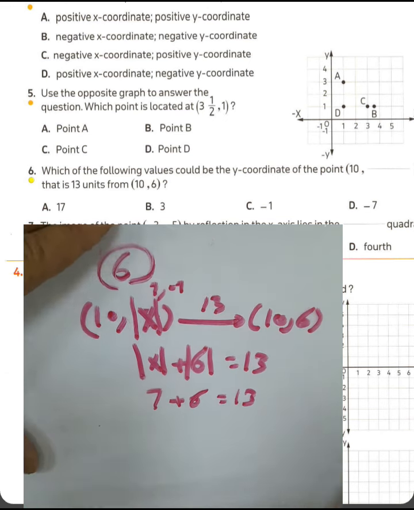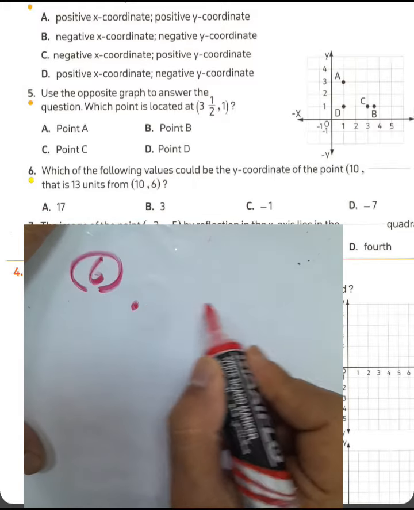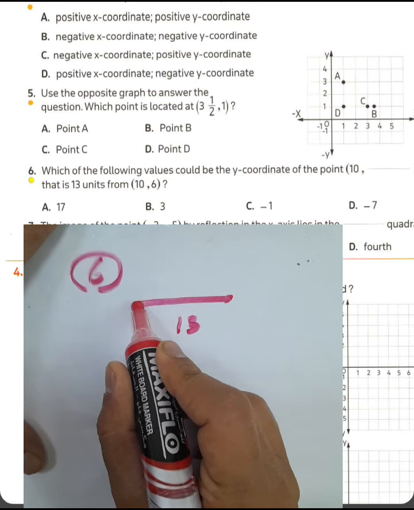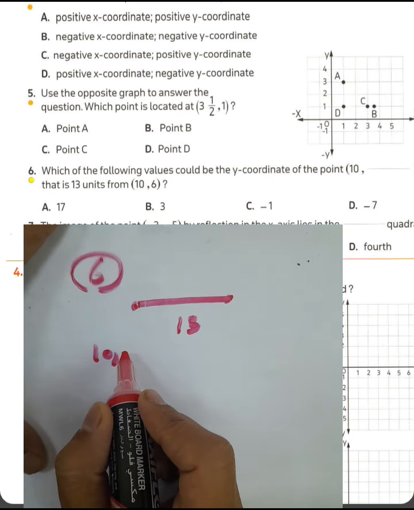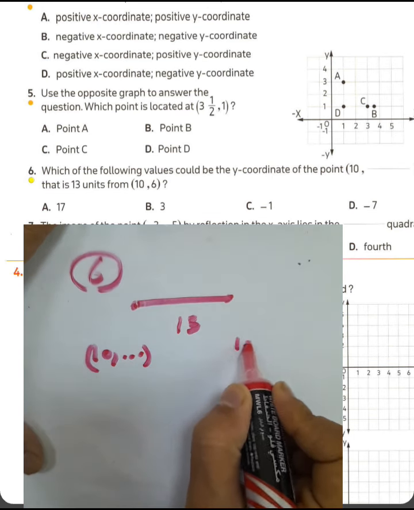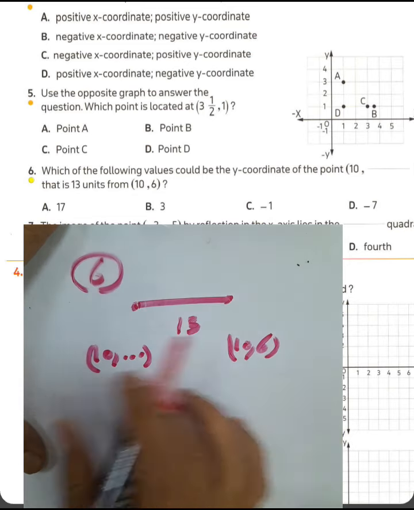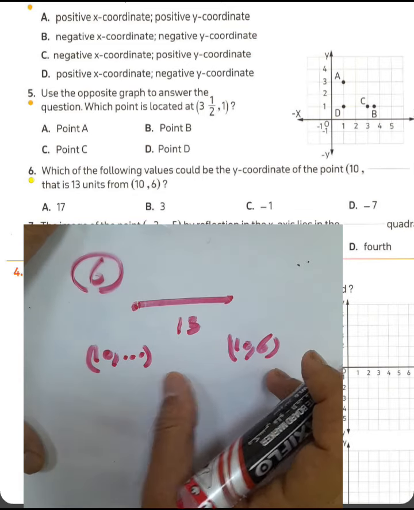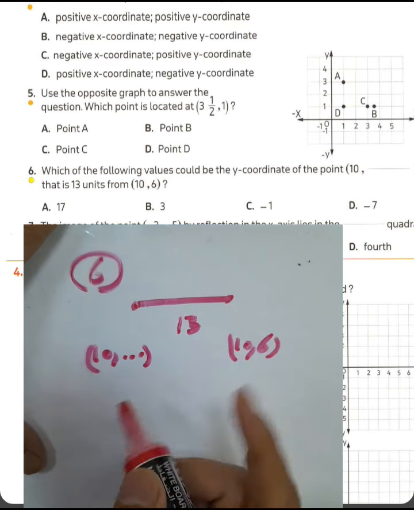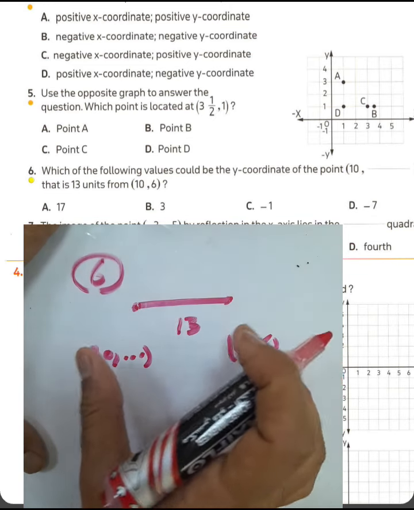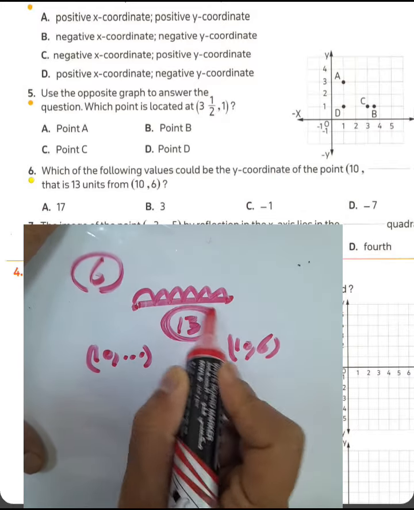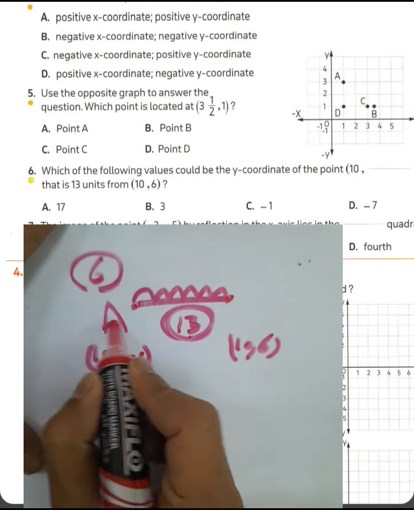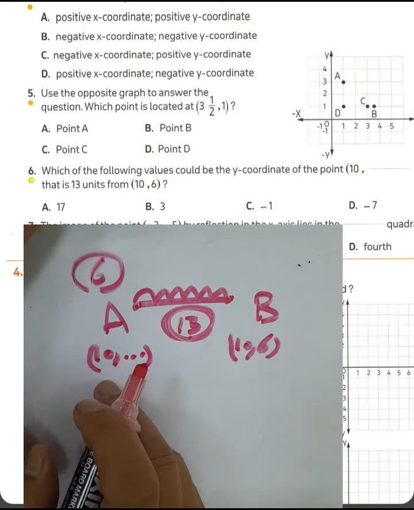Understood? Again, in this example, question number 6, he tells us the distance between two points is 13 units. Why is the line vertical? Because we have a similar x-coordinate in both points, (10, space) and (10, 6).